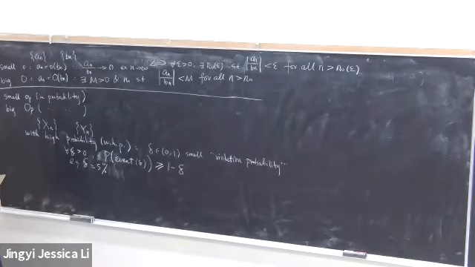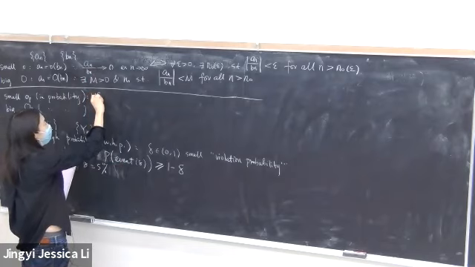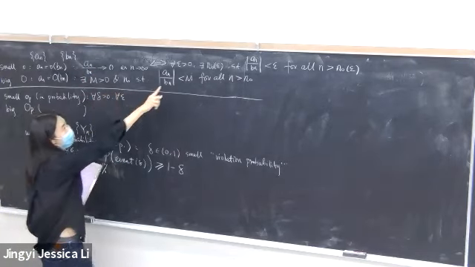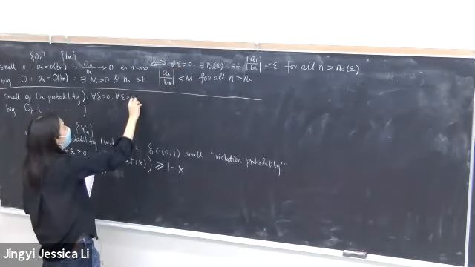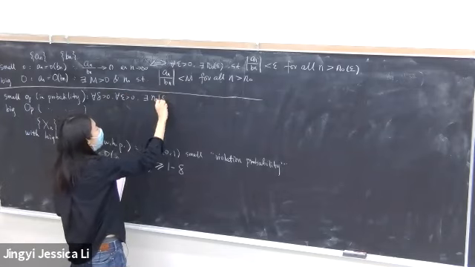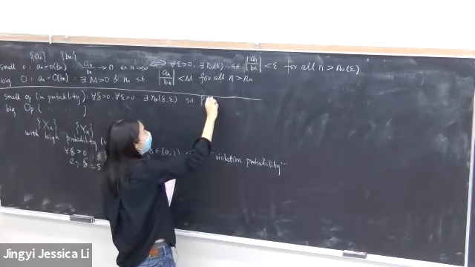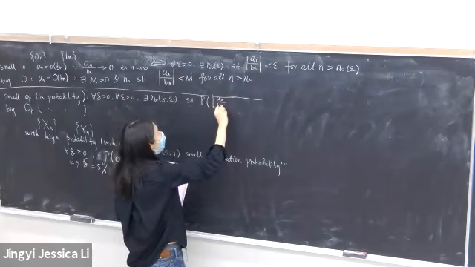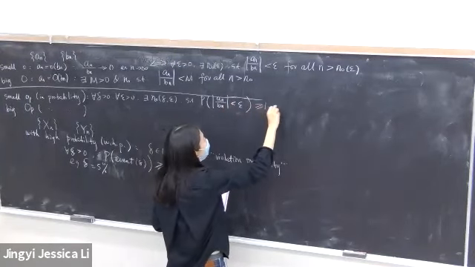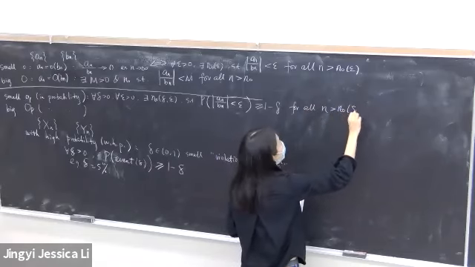Then what do we say? Using this notation, we're going to say that given any violation probability delta greater than 0, and also any epsilon greater than 0, something we need for the limit, there exists another n0 that depends on both delta and epsilon, such that the probability that this event, an over bn less than epsilon, will hold with probability 1 minus delta for all n greater than this n0 of delta, epsilon.